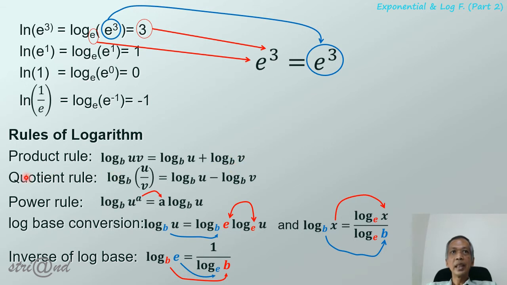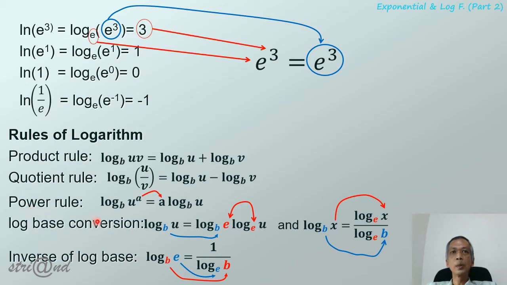And then in the quotient rule, the logarithm of u divided by v to the base of p is equal to the logarithm of u to the base of p minus the logarithm of v to the base of p. So when it is a product rule, we have a product here of u and v, the sign here is plus. When it is a quotient, the sign here is minus.